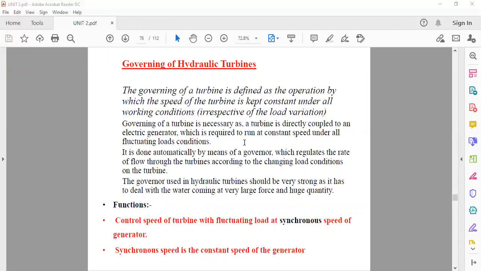It means that when your load varies or is different, your rotor is required to rotate at constant speed. That's why we are required to control the speed of the turbine.